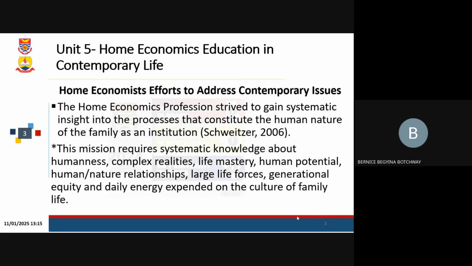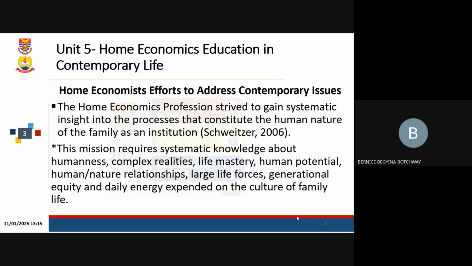So our profession, we the home economists, try to gain systematic insight into the processes that constitute the human nature of the family as an institution. That's why most of our topics and courses are centered on human life, family life, things that we encounter in our life. That's what our profession tries for.